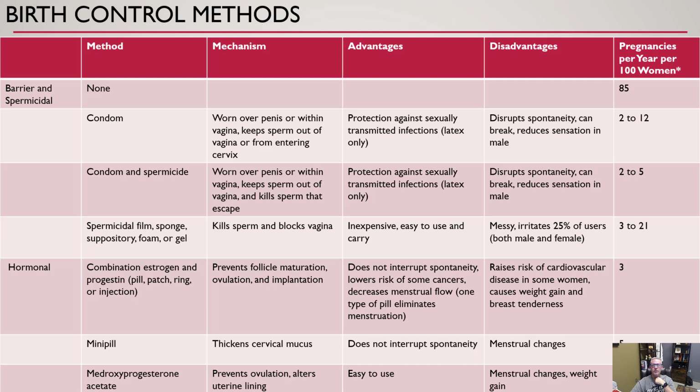What I found interesting is that if you use condoms, they are only 88 to 98% effective. And I asked my class last semester why they thought that condoms were only 88 to 98% effective, and they came up with a lot of varying answers.